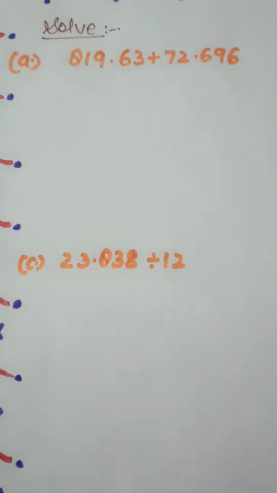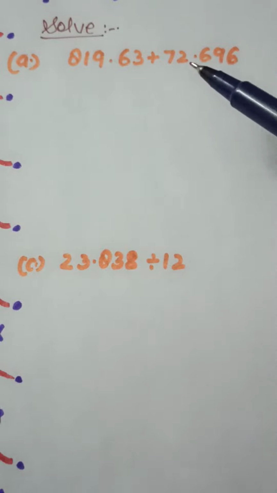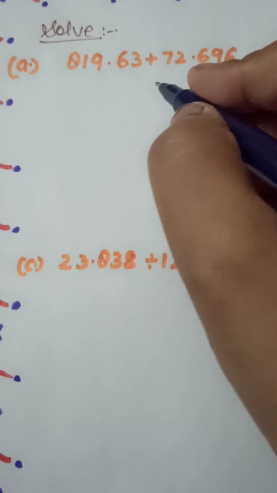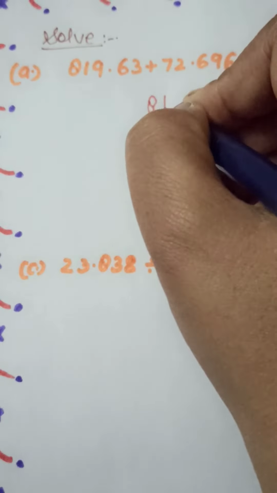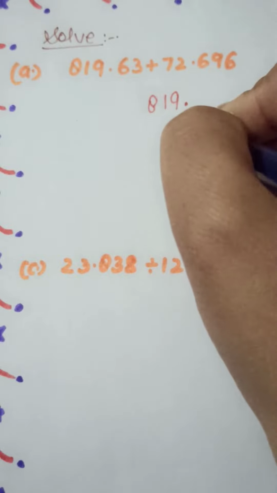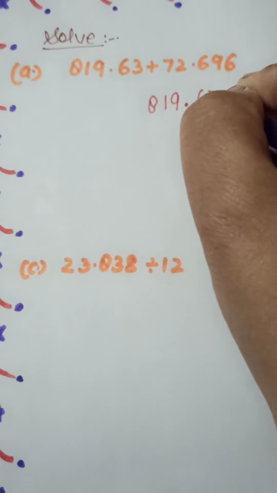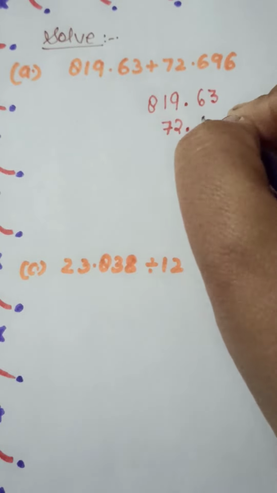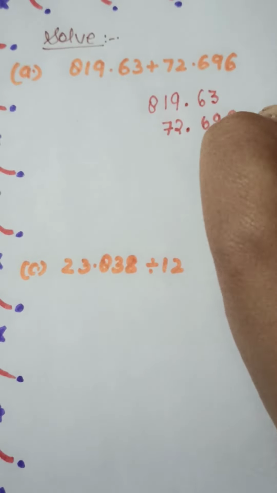Question number A, the A part is of addition. So what we need to do, again we just need to arrange them vertically. 819, put a decimal, then 63, then 72.6, 696.